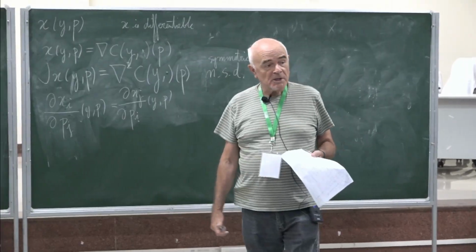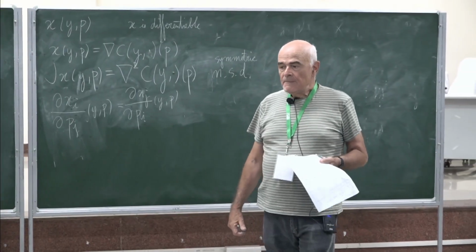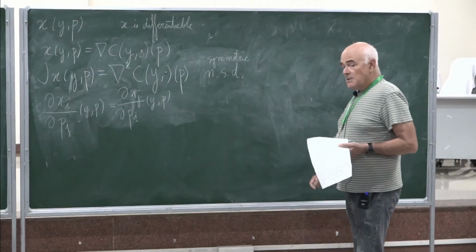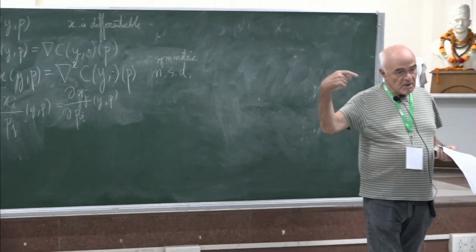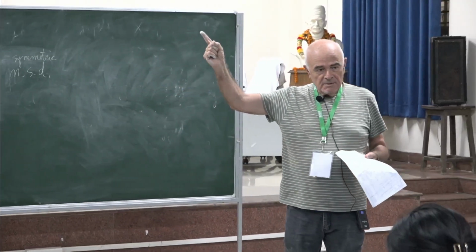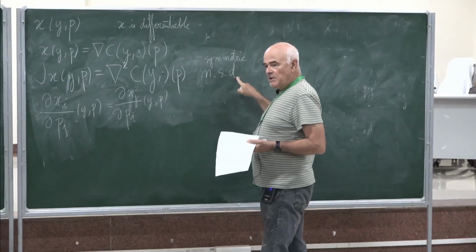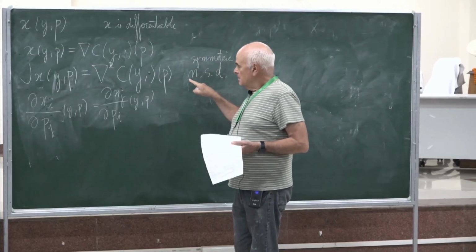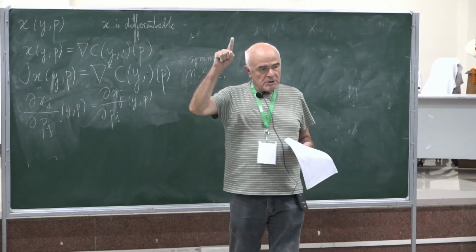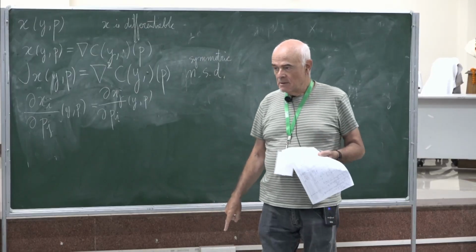Another result which you may think, well, this is not surprising at all. Then, if you tell me this, you will be surprised in a couple of days. A negative semi-definite matrix has non-positive diagonal elements.